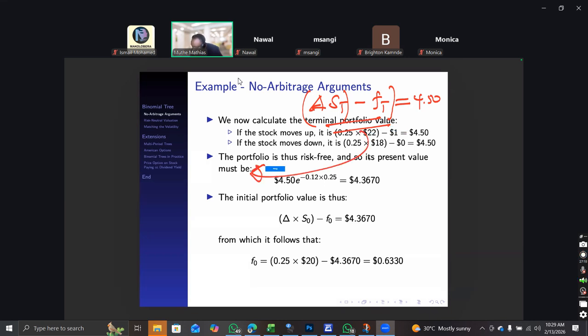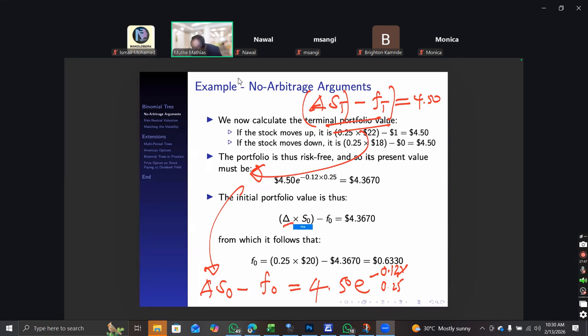So what we are going to have is delta S naught minus F naught, which will be equal to 450 times e to the power minus r, which we have there, 0.12, multiplied by the T, which is 0.25. So now you can see that this is what we have here.